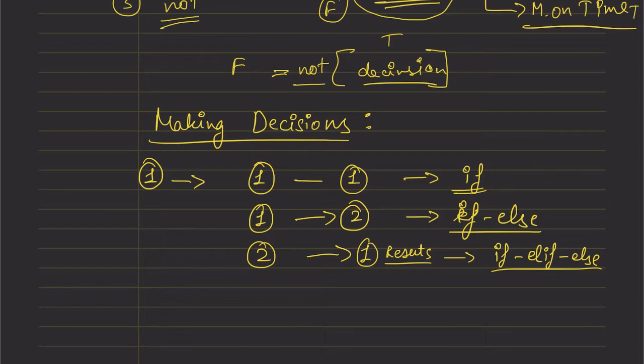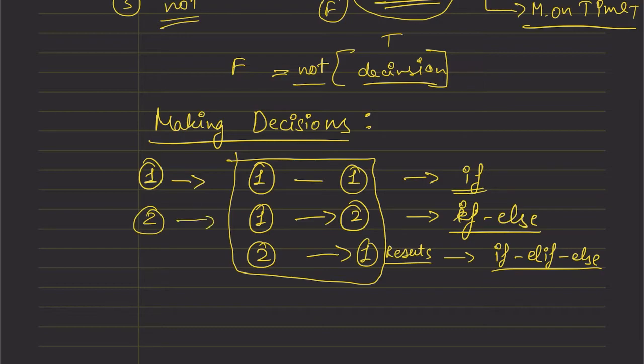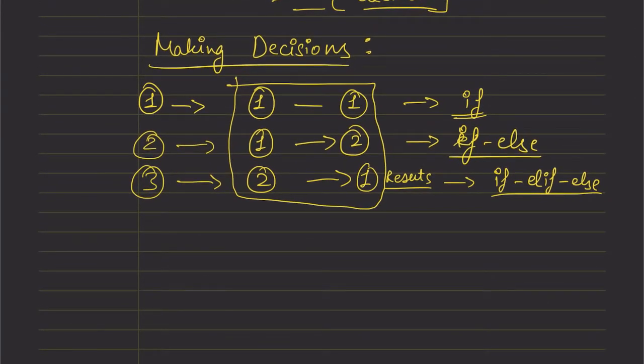So let's understand all of these statements one by one. Just keep in mind this little comparison we have done of three different situations. In the first situation we are using the if statement. Let's compare it with our daily life situation.